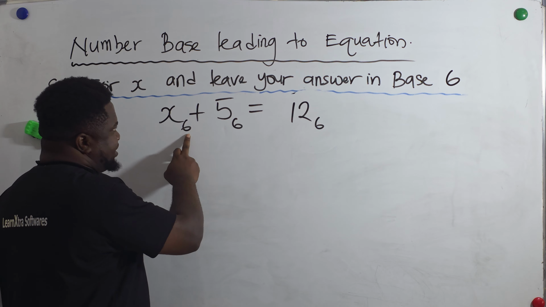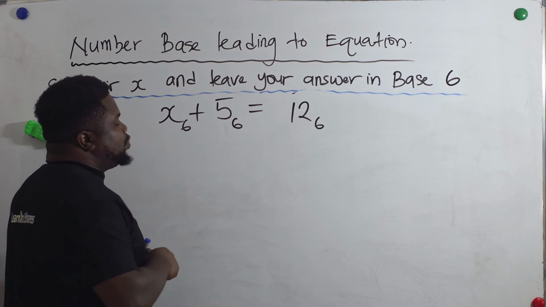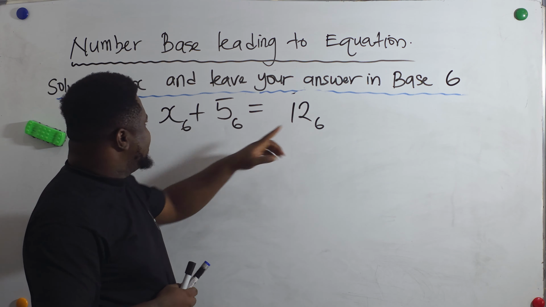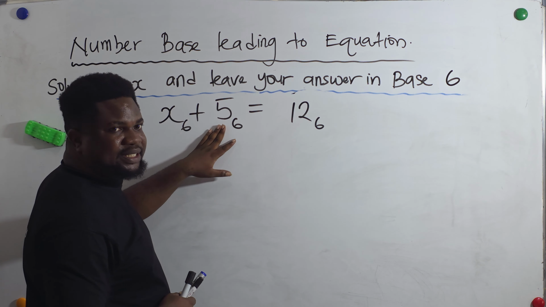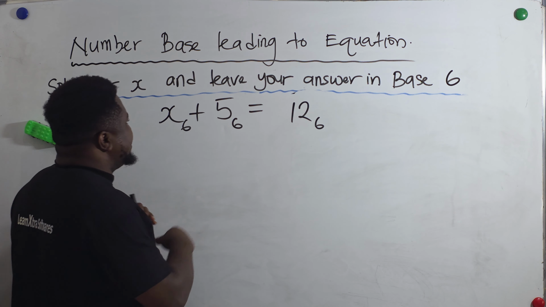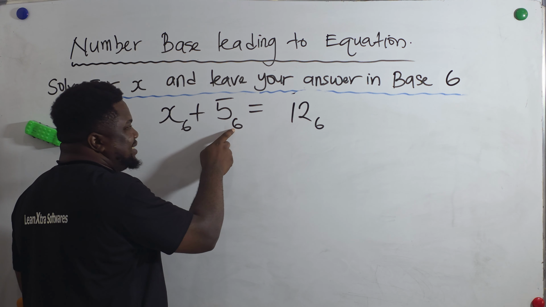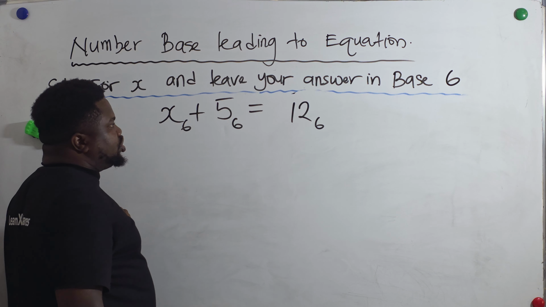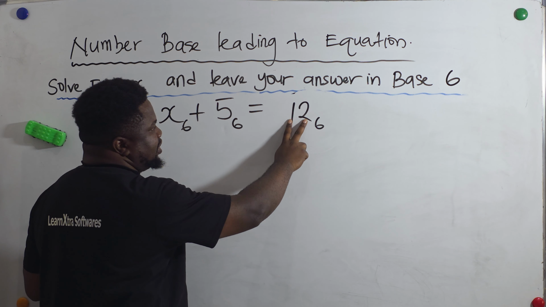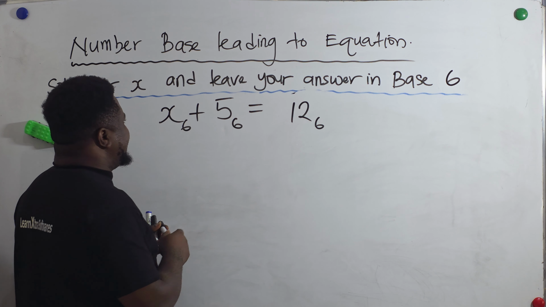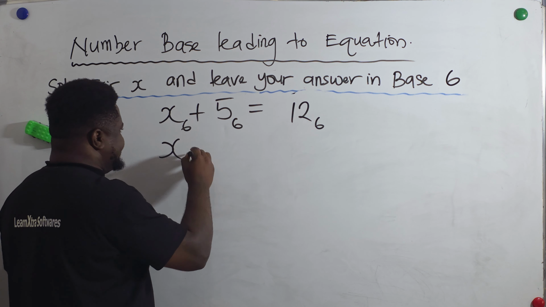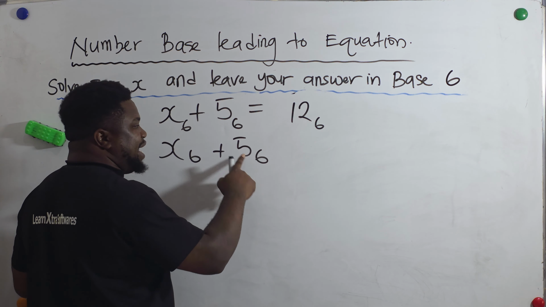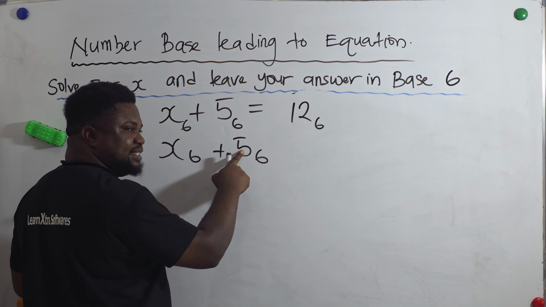So x is in base 6. The way you convert to base 10 is the one having more than 1 digit. These ones are safe to be like this, provided the numbers are lesser than the base. Yes, so these two won't touch them. But these 2 digits have to convert. That will be x in base 6 plus 5 in base 6. Assuming here is 7 or 8 or 6 itself will convert.